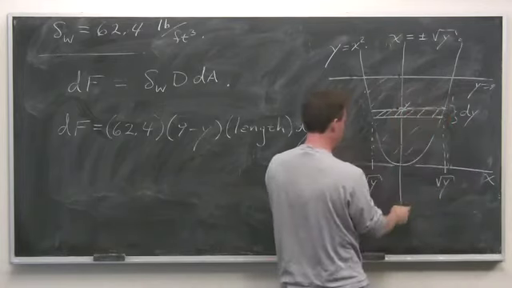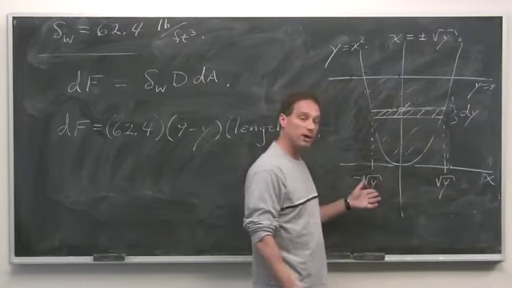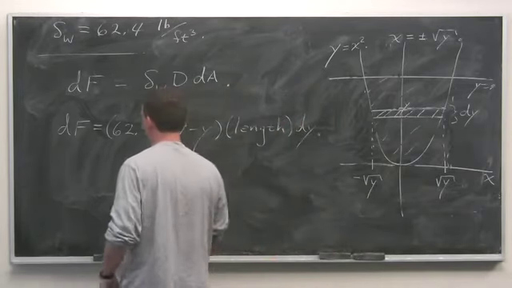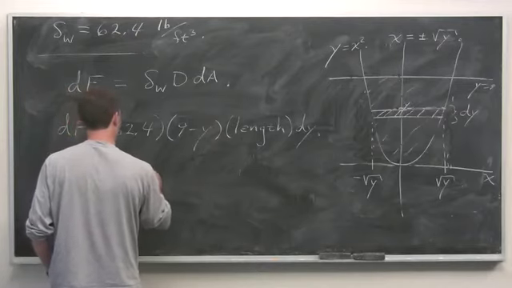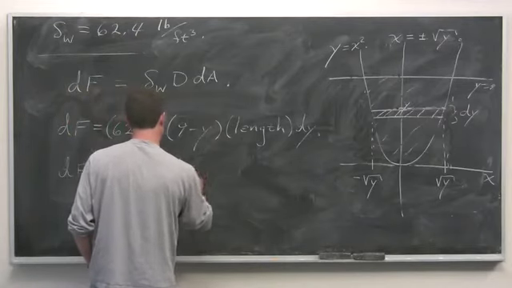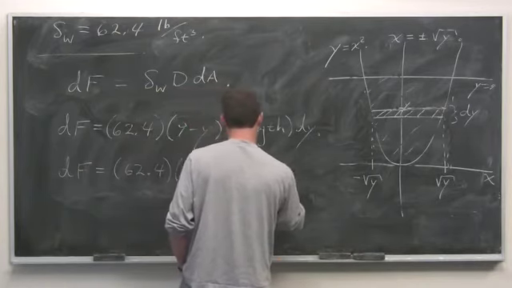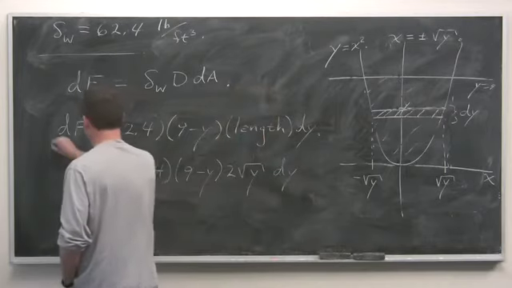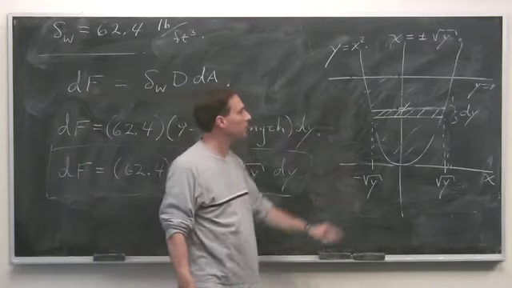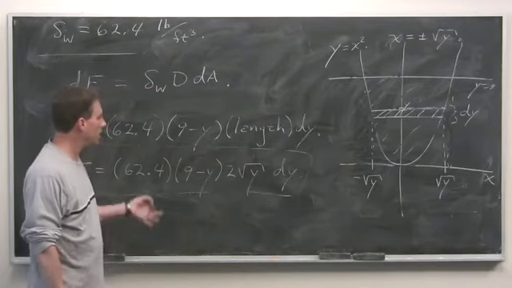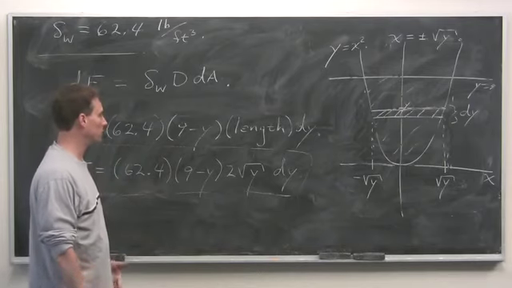And so this length is this x coordinate minus that x coordinate. So you get the square root of y minus minus the square root of y. You get 2 times the square root of y for the length. So we get dF equals 62.4 times 9 minus y times 2 times the square root of y times dy. That is the infinitesimal amount of force that acts on this infinitesimally thin strip at y coordinate y. The force due to the water pressure.